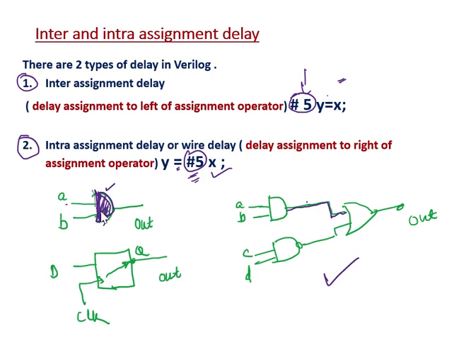In this case these are wires, so it will take some time for this output to be reflected at this one. This delay is wire delay, and this delay is your gate delay, and there is a delay for sequential circuits like a flip-flop, which is clock to Q. So this is another kind of delay. I'm not going to discuss all these things in detail. Our prime motive is to learn inter-assignment delay and intra-assignment delay.